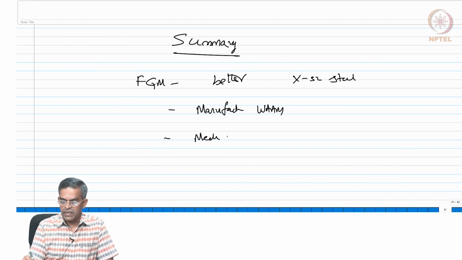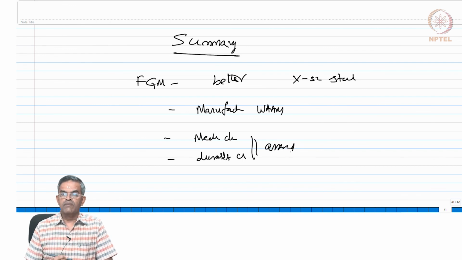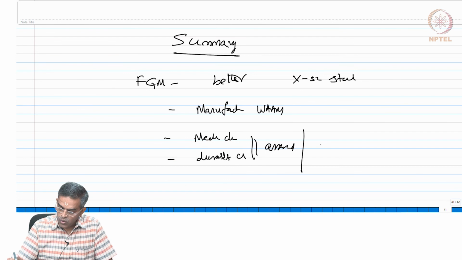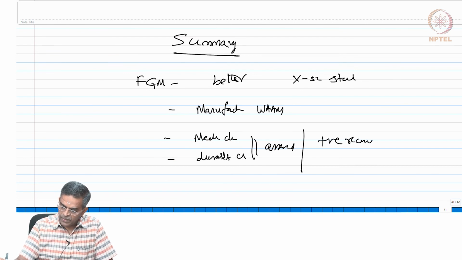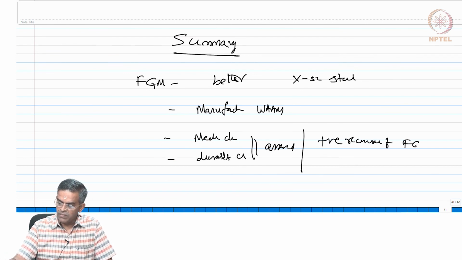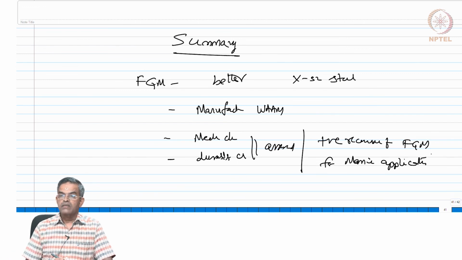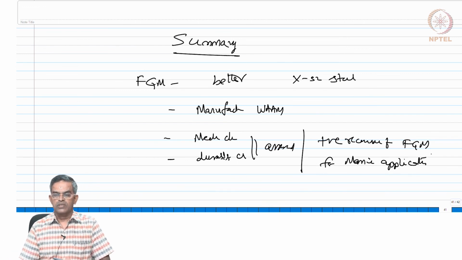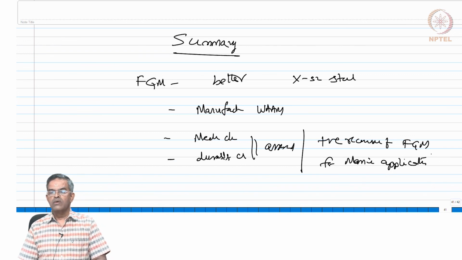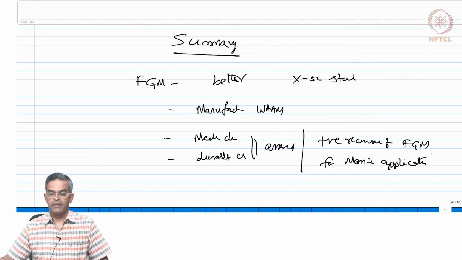Detailed mechanical characteristics and durability characteristics are assessed using various tests, and the results show a positive recommendation of FGM for marine application. So, there is no compromise on strength, there is only improvement on resistance of corrosion. So, that is how materials can also govern the steel design in the present context.